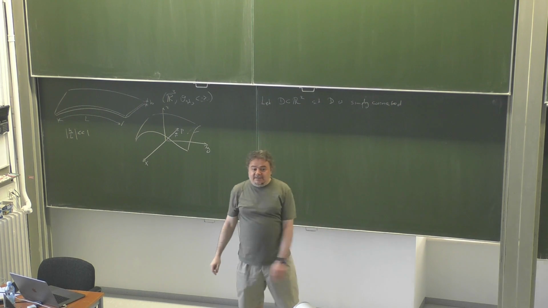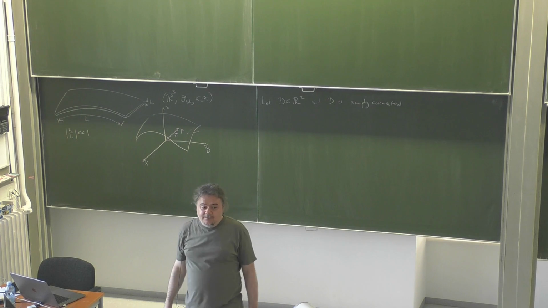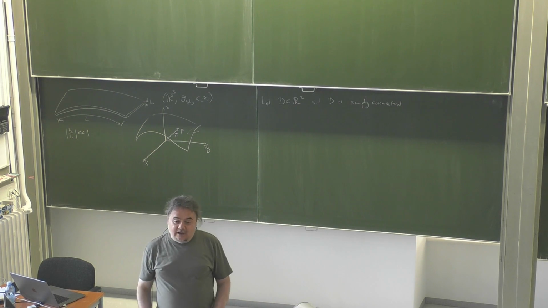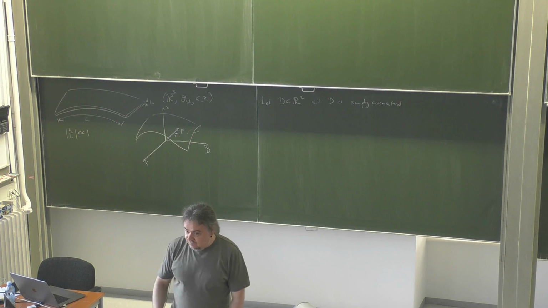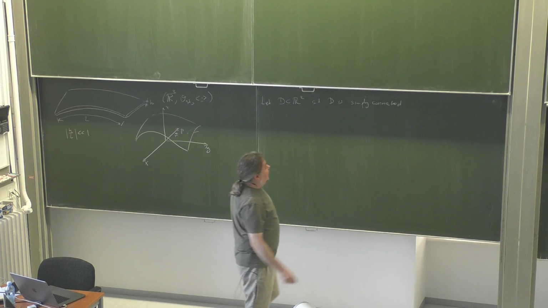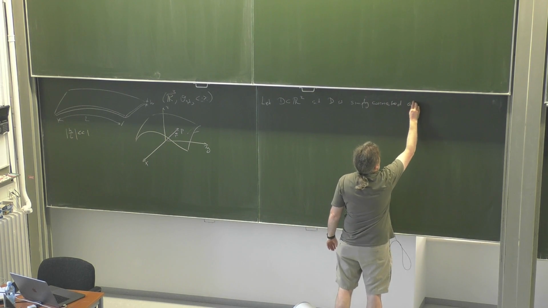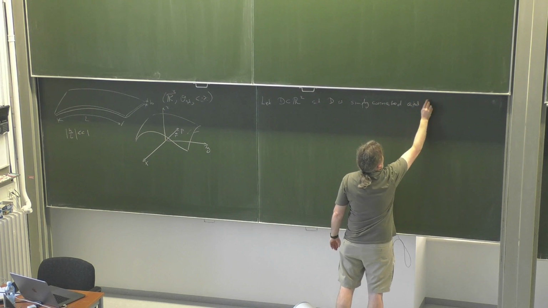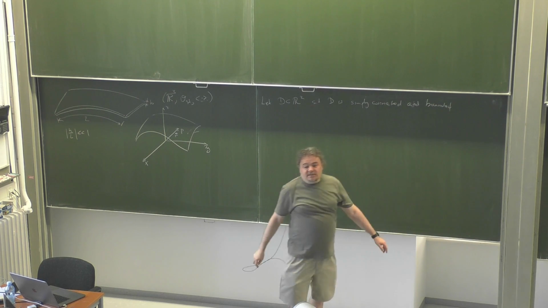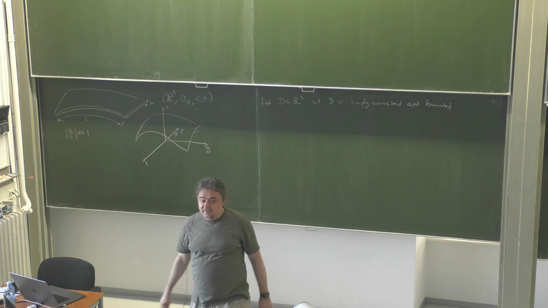Simply connected formally means that the homotopy group of the thing is trivial. In plain language, it means there are no holes, right? So it's just some kind of blob in R2, right? And bounded. Bounded means that I can put it in a rectangle.